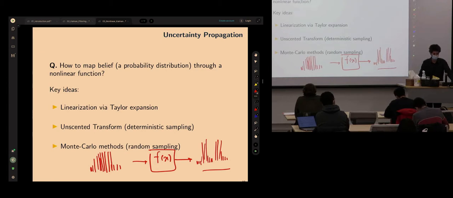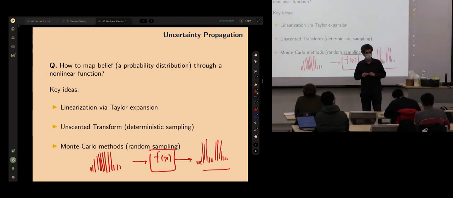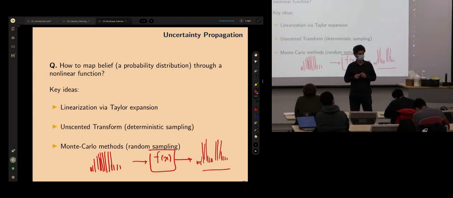Referencing what you were saying, does the Monte Carlo method ever suffer from the fact that computers, unless they're referencing something, can't generate purely random numbers? The question is, is there any problem that the computers cannot generate exactly random numbers? You need to pick a seed and then they're pseudo-random numbers. No, we ignore that.